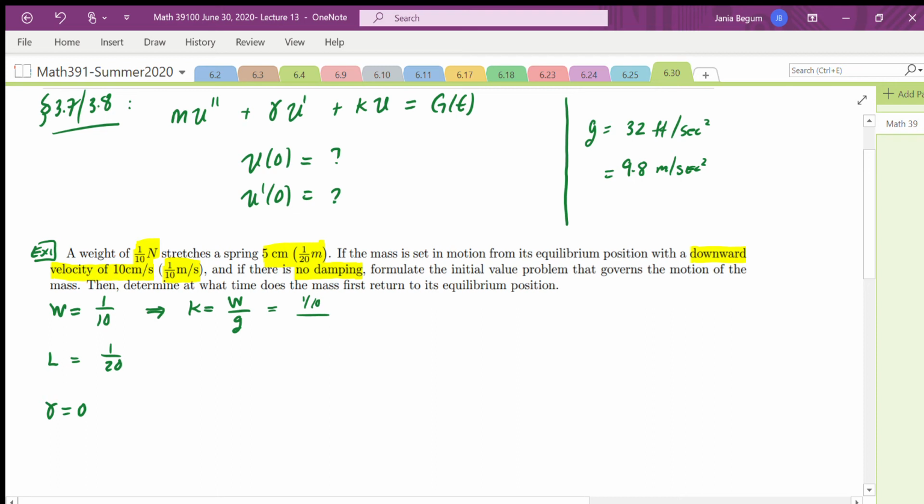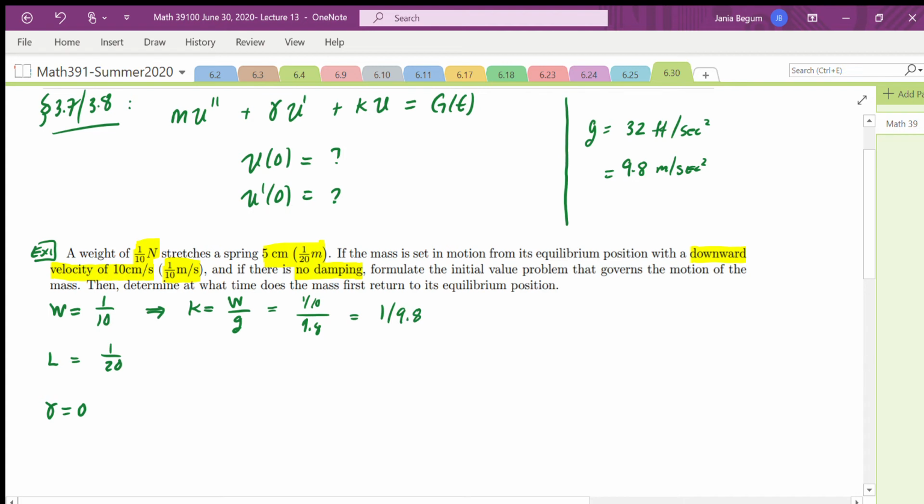Someone tell me which value for G we are going to use. 9.8, right? Okay. So this is 9.8, and if I simplify this, this is just 1 over 98.